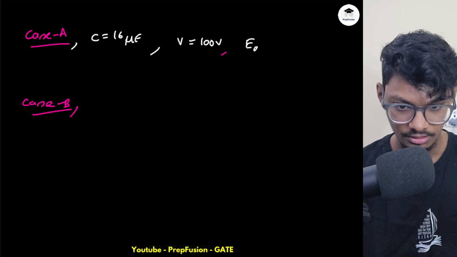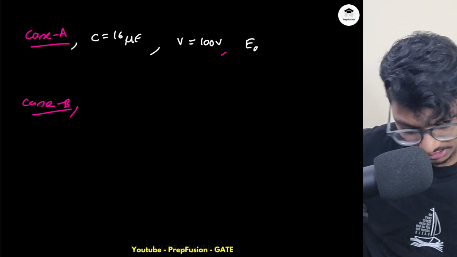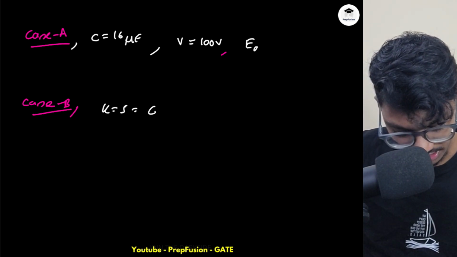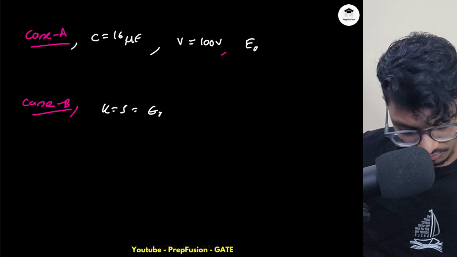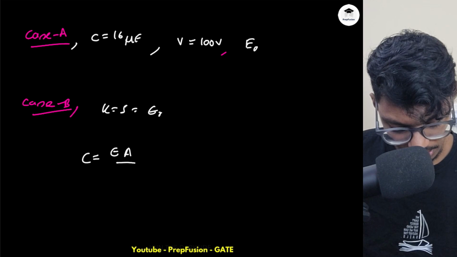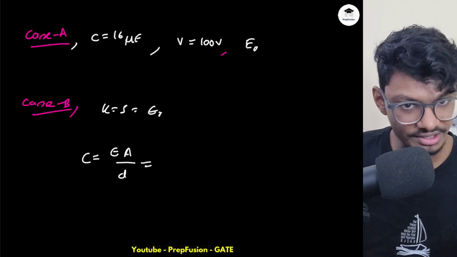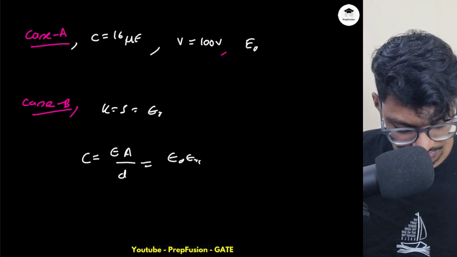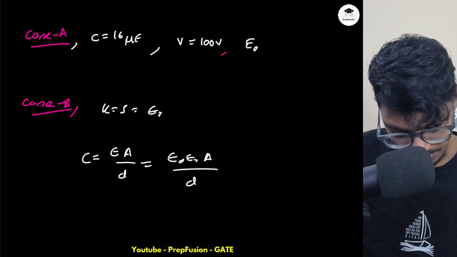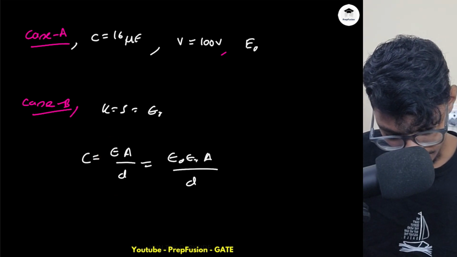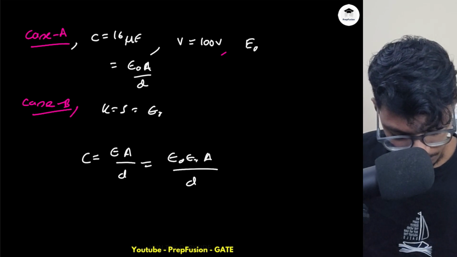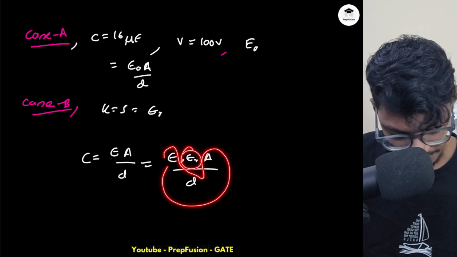There is a dielectric here, so K is 5, which is simply epsilon R. So what is my capacitance formula? Capacitance is epsilon A by D. A by D is constant, the geometry is constant, just epsilon naught into epsilon R, A by D. Initially C equals epsilon naught A by D, which is only 16 microfarad, so I have to just multiply by 5.